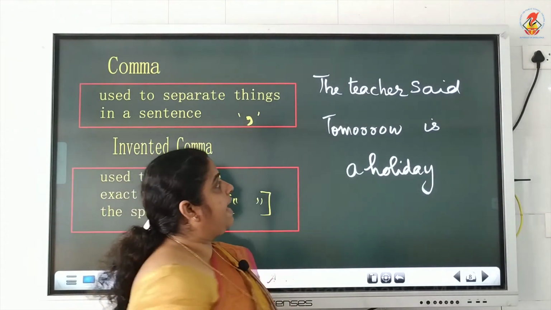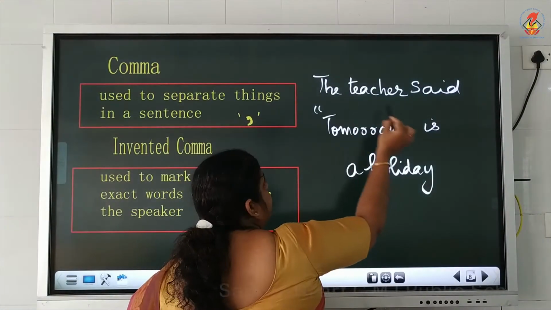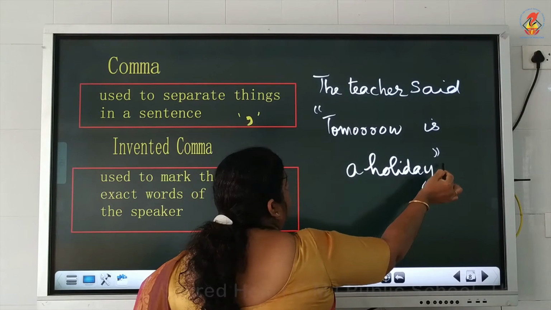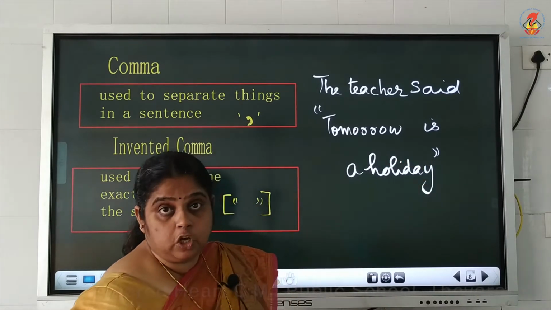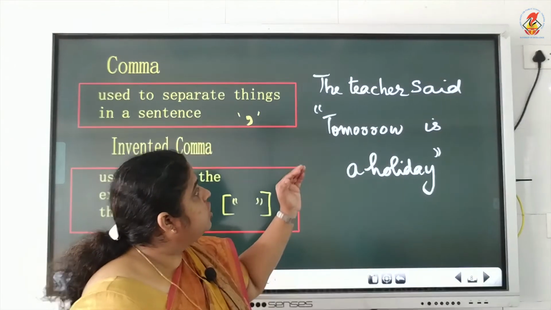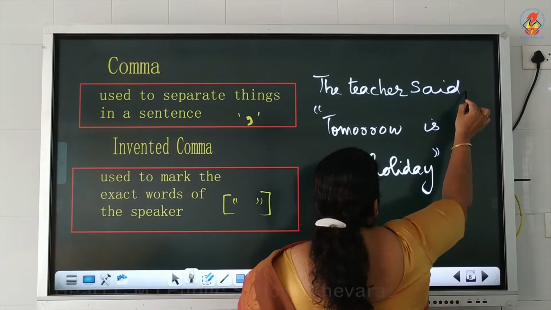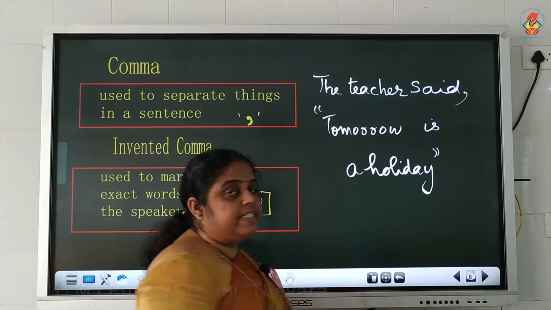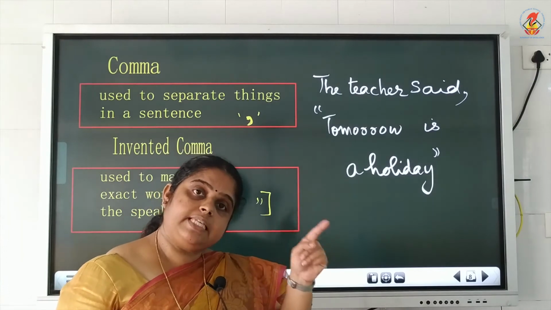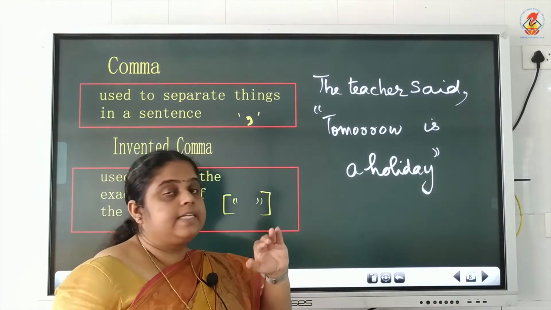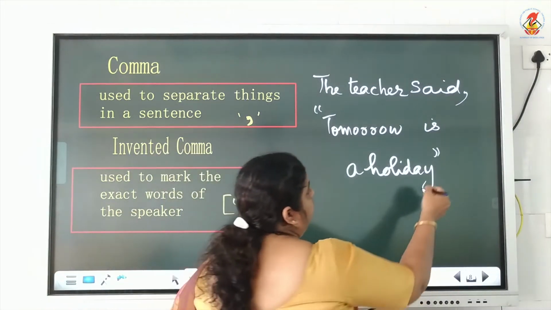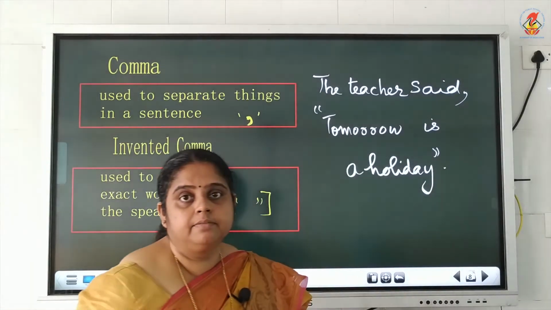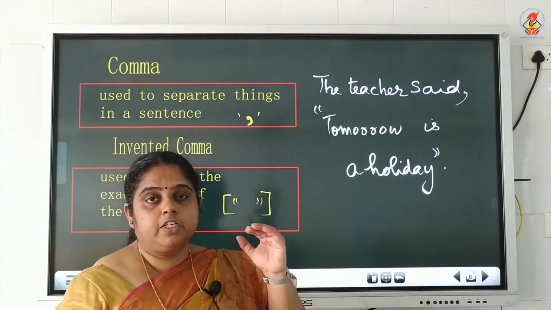So, to show that these words, what the teacher said, will be put in an inverted comma. After "the teacher said," there is a comma here. After the teacher said, there is a stop. The teacher said, "Tomorrow is a holiday." Sentence over, full stop will be there. Did you understand what is an inverted comma?